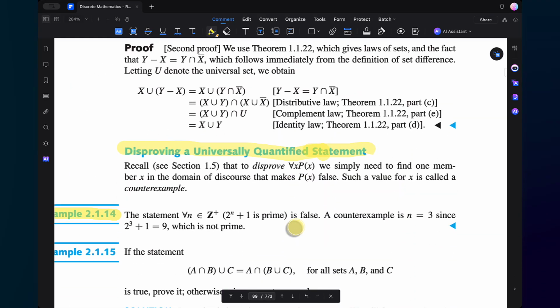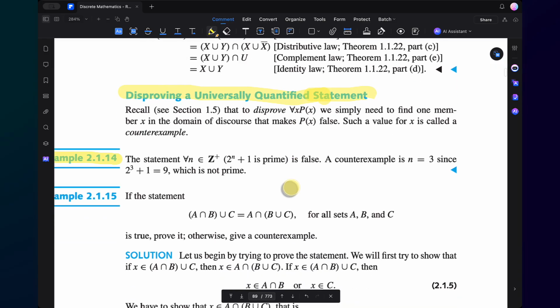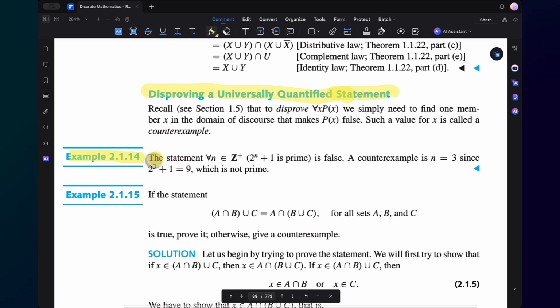Here's the idea. We also need to know how to disprove a universally quantified statement. Suppose somebody came up to you in the street and said the statement, for all n in the positive integers, 2 to the n plus 1 is prime, is true. Well, you'd have to come up with what's called a counterexample.